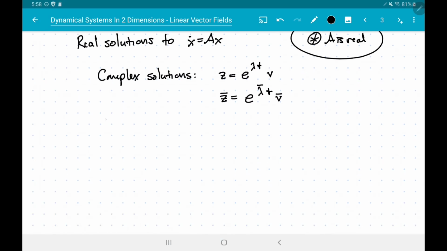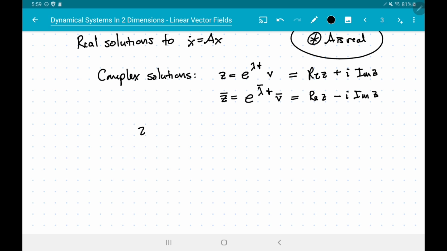Well, the space of solutions is a vector space. So I can take linear combinations of solutions and get more solutions that way. So if I take z and break it up into a real part plus i times an imaginary part, just like any complex number and its conjugate, if you add z to z bar, the imaginary parts will cancel out.